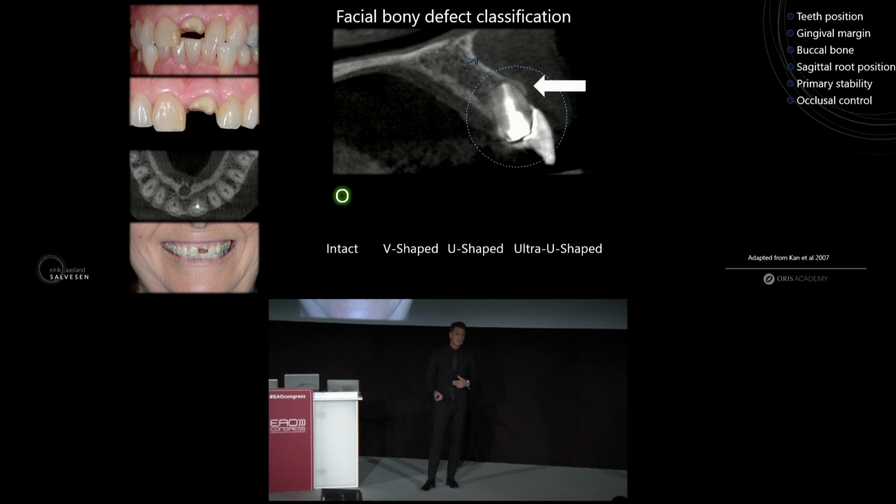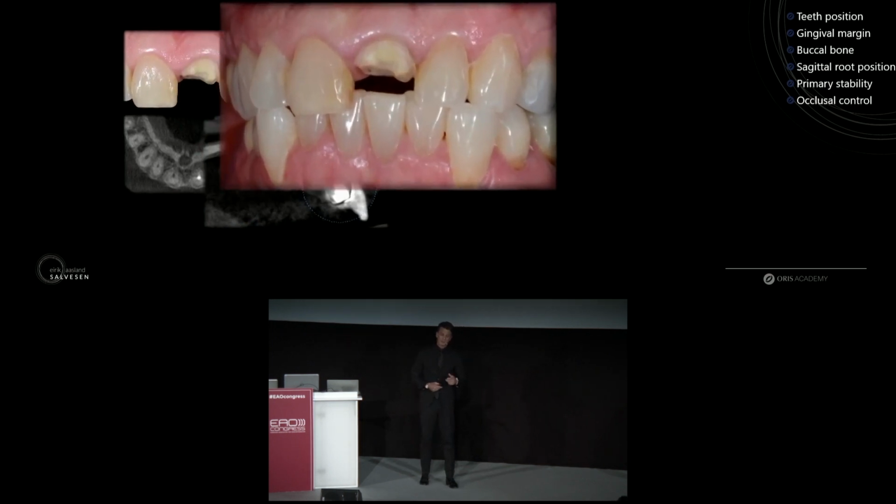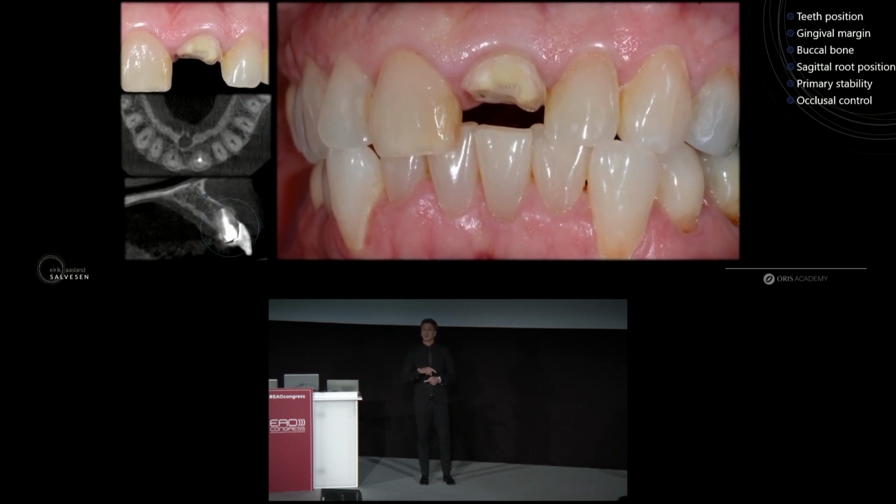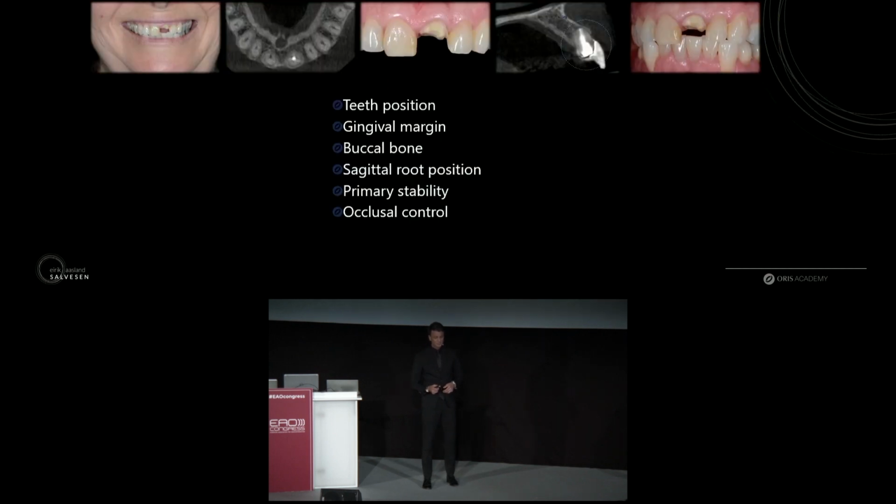In this case, we do have an intact bone. We also have occlusal control because we have teeth on both sides, and we have bilateral stability in the occlusion. You could say that you could align all these teeth if that is what you prefer, but the occlusion is good enough. So it's stable, and we can control it.